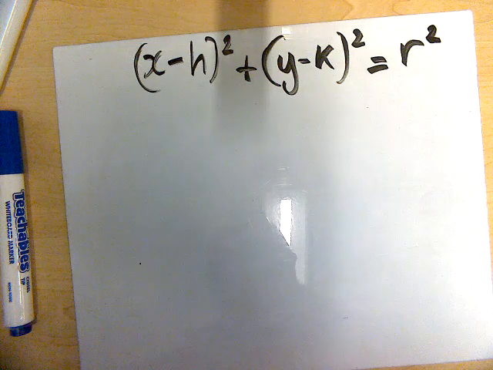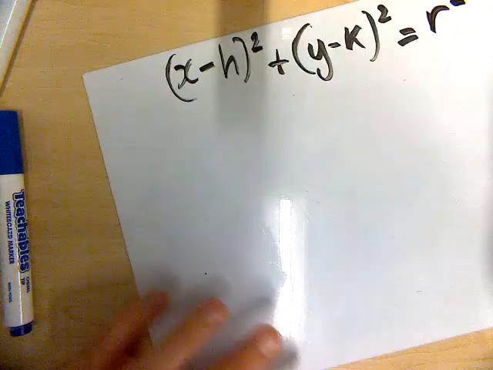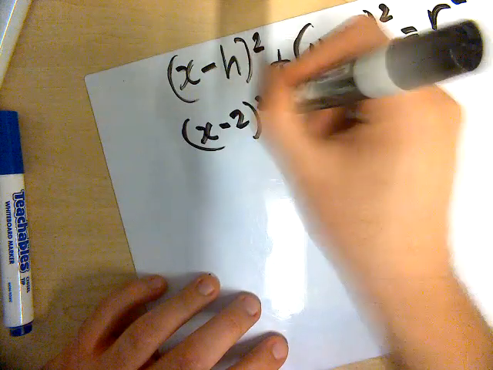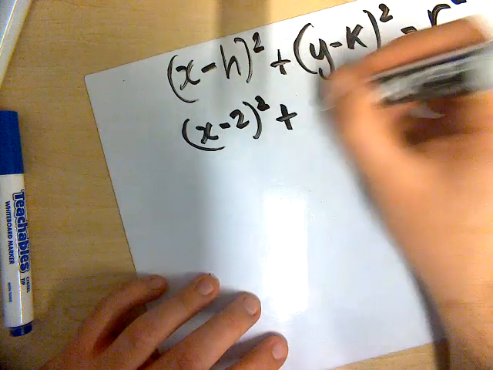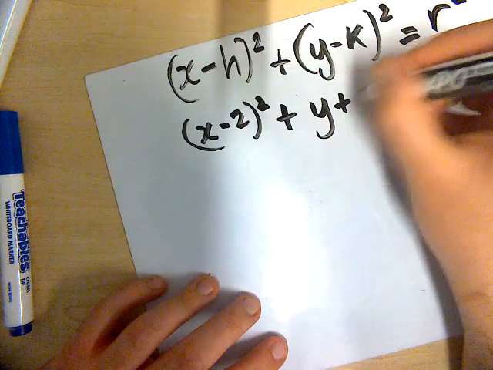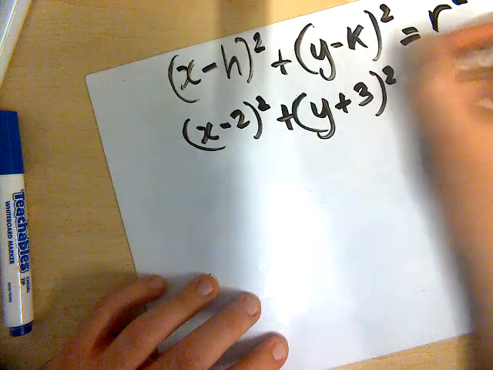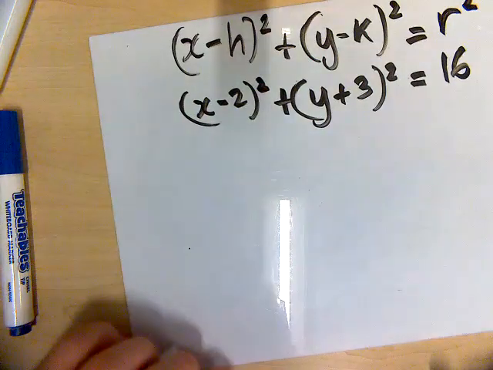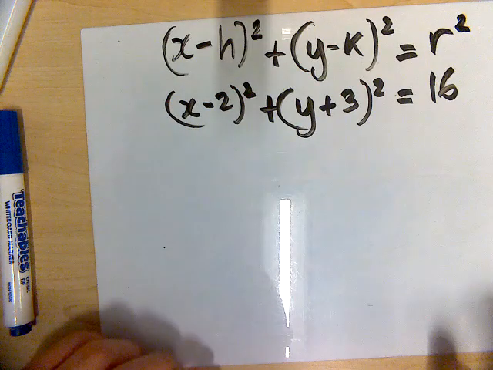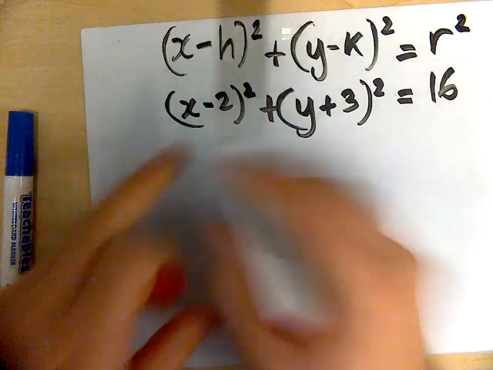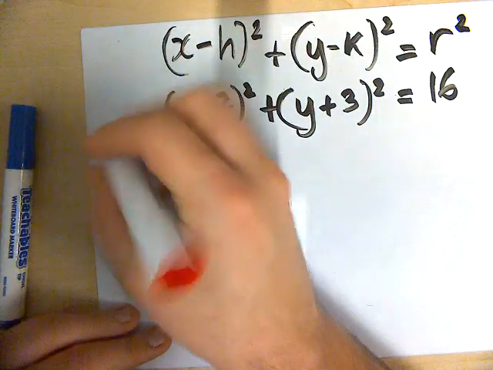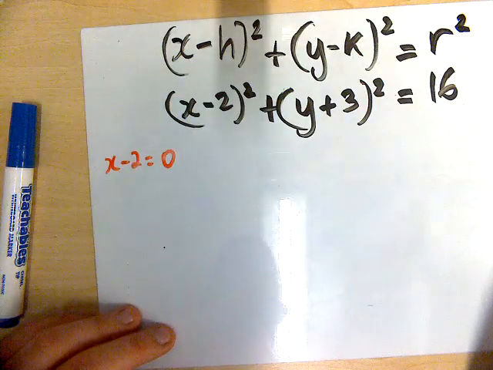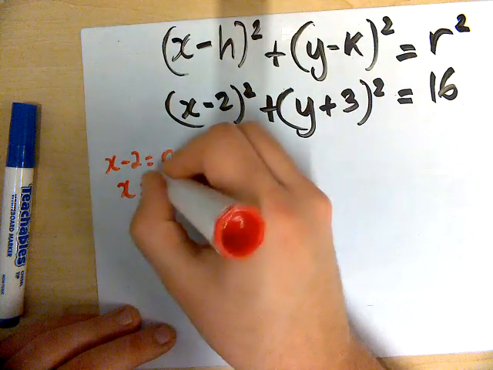So I'm going to have a look at an example that looks something like this. (x minus 2) squared plus (y plus 3) squared equals 16. If I was to solve for x, let x minus 2 equals 0, so x equals 2.